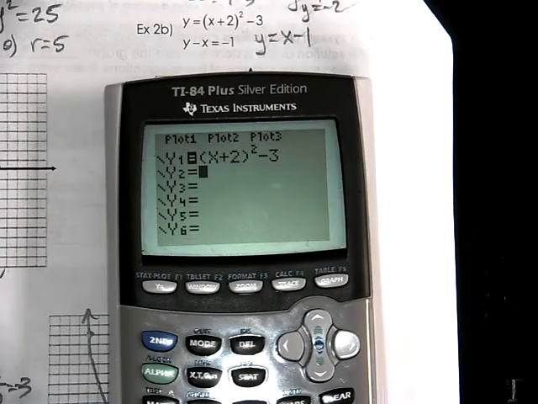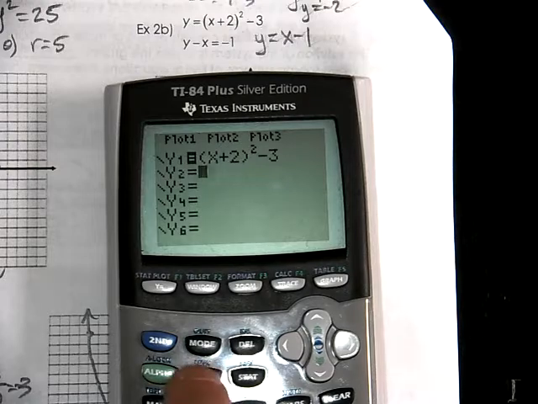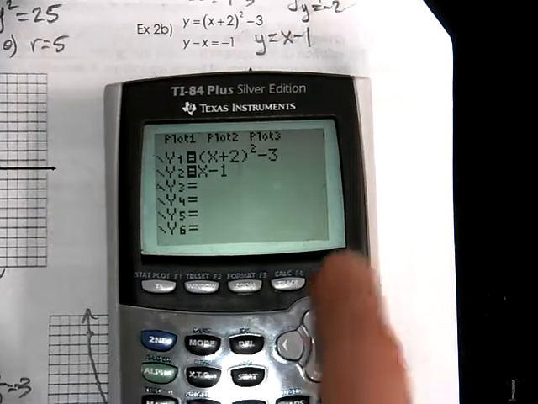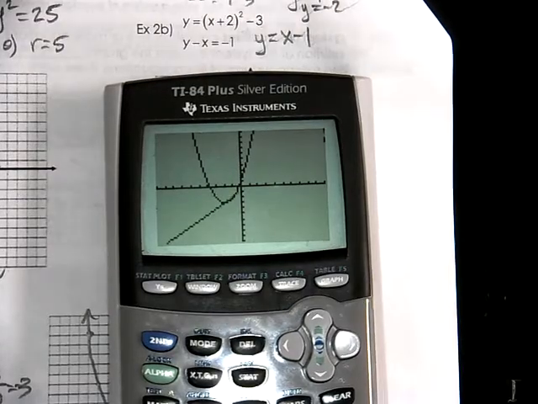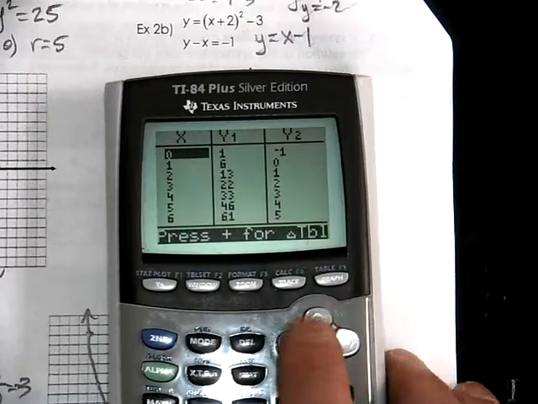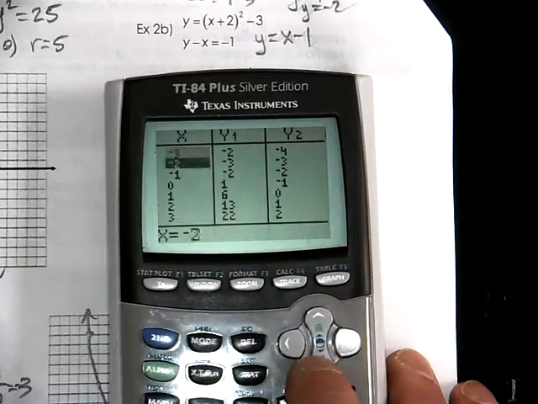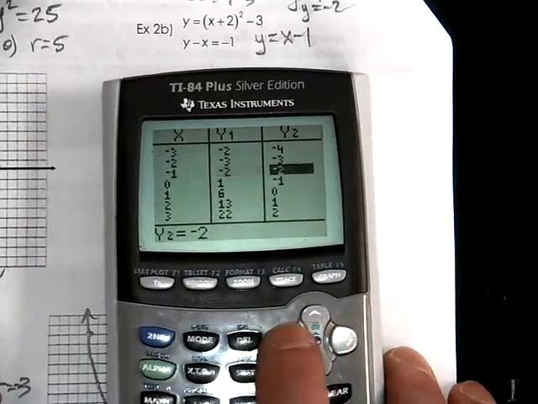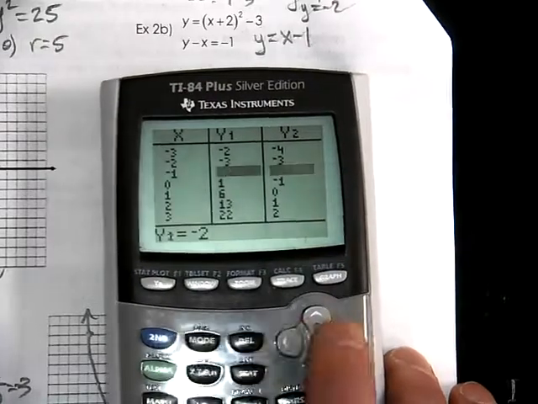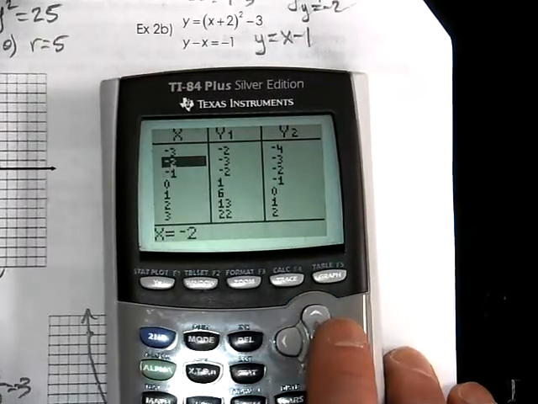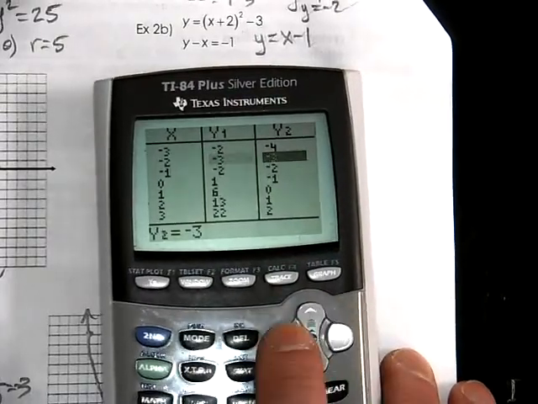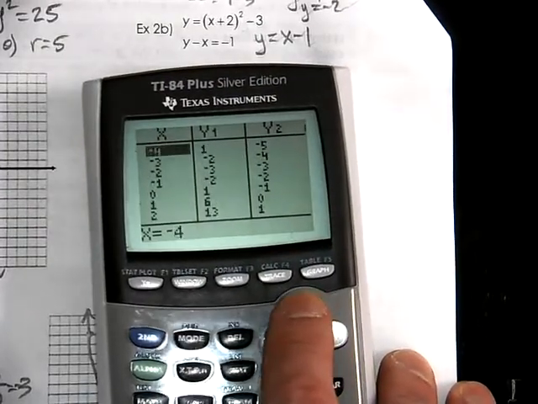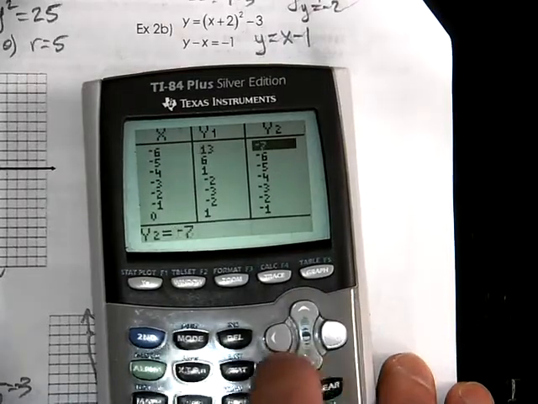That's your parabola. And x minus 1, that's your linear equation. And we see that those go right through just like we graphed it. And if you go to your table, you can look where x was -1 and it has the same y value. And you can go to x is -2 and you can see you have the same y value. But everywhere else they have different y values between the two.